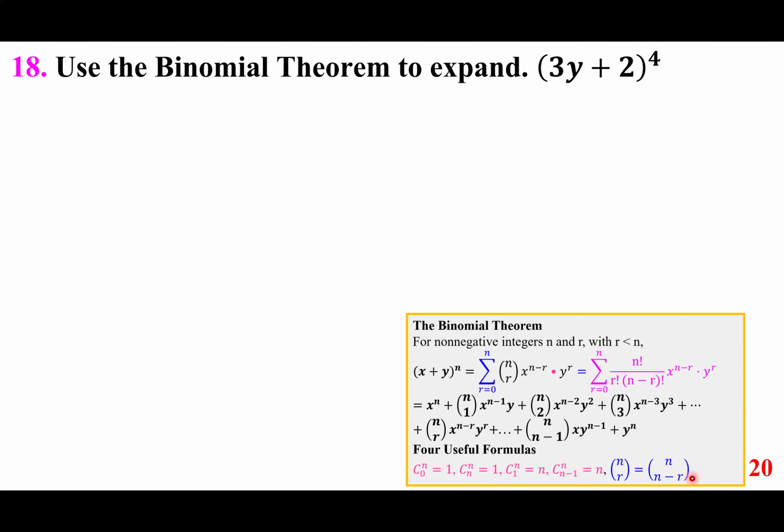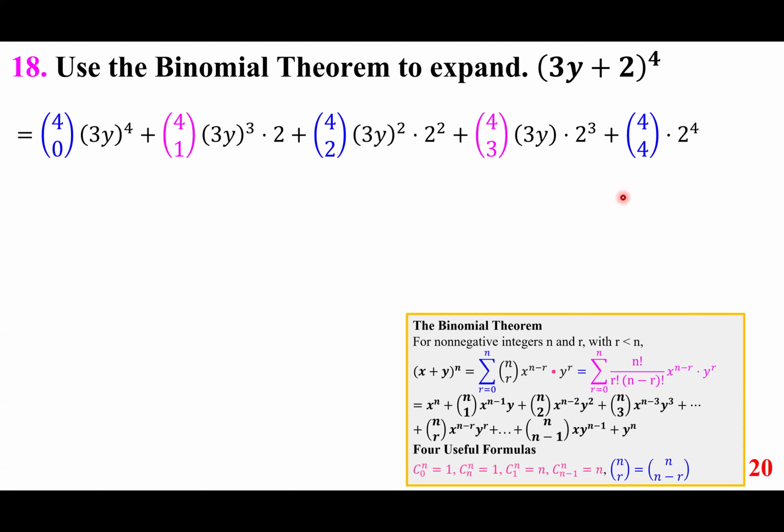So having said that, let's go with number 4 here. The first one is 4 choose 0, (3y) to the power of 4. The next one is 4 choose 1, (3y) cubed times 2, and so on. So we are following this format. First of all, 4 choose 0, 4 choose 1, 4 choose 2, 4 choose 3, and the last one is 4 choose 4.